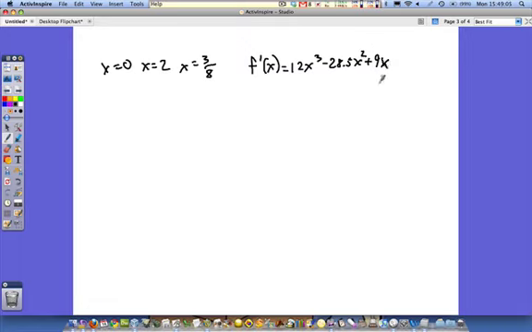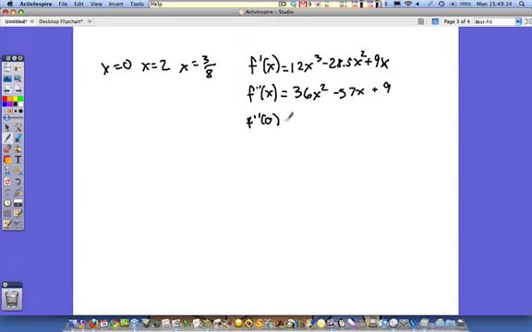Okay, good. Take a look at the second derivative. It equals 36x squared minus, 28.5 times 2 is 57, so 57x plus 9. The second derivative is going to tell us concavity.